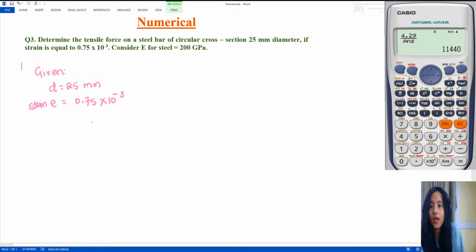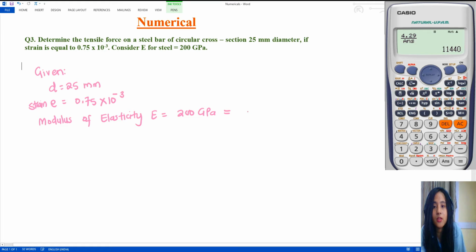And modulus of elasticity E is given equal to 200 GPa. Now what is this GPa? It is gigapascal.